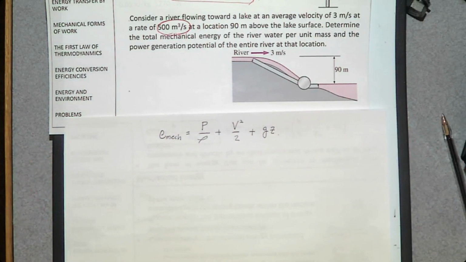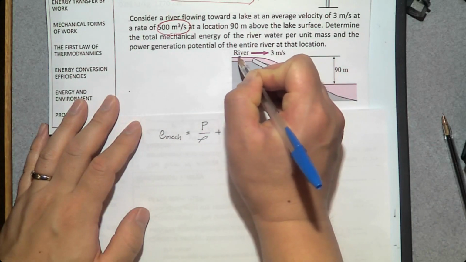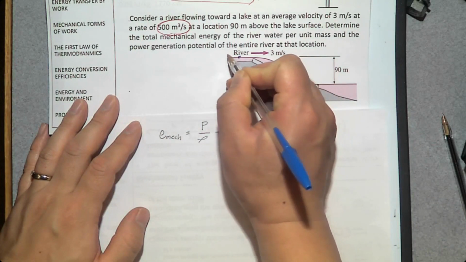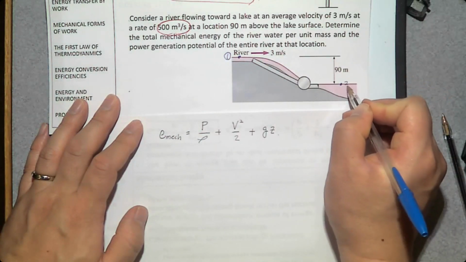So among them, we need to determine what will change before and after. So first, we need to determine two locations. First, the easiest way is to select on the surface. Here I'm going to say number 1, and here I'm going to say number 2.